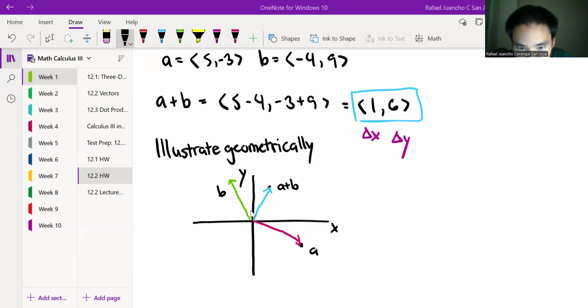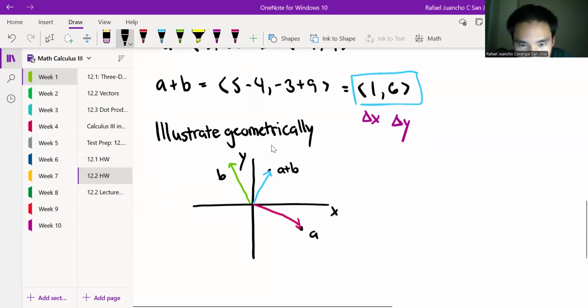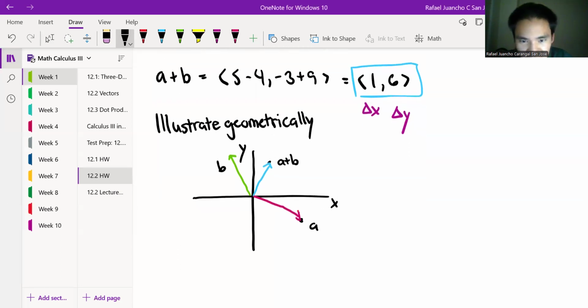Yeah, so it goes 5 to the right and 3 down. That makes sense. Vector B starts at the tip of vector A. And then it goes the tail and the tip? Really? Oh, that's weird.